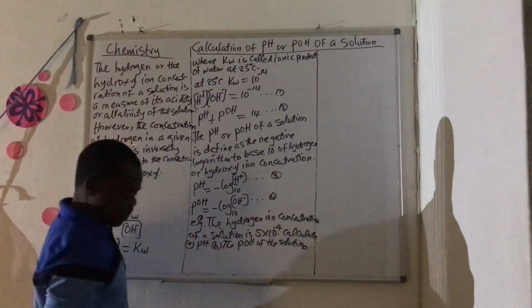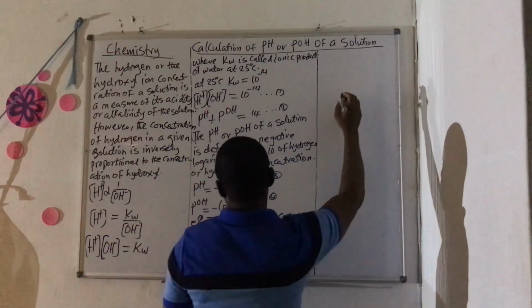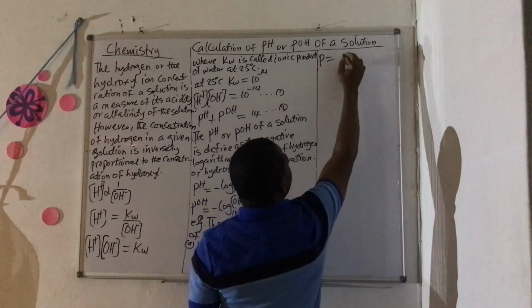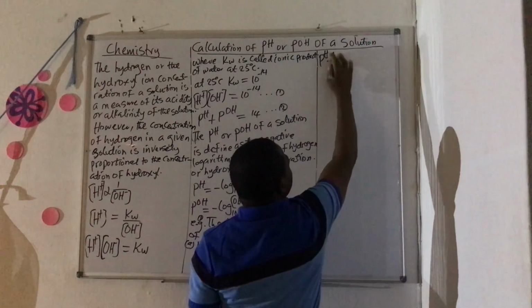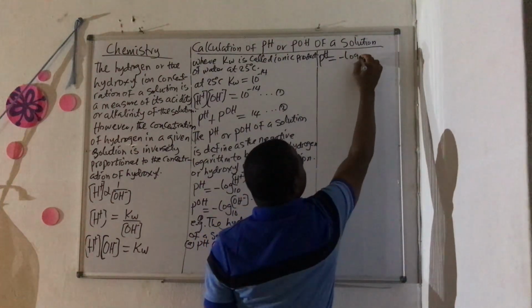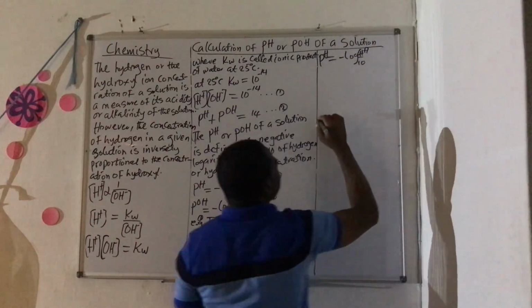It's very easy. Apply the formula. pH is equal to minus log hydrogen ion concentration to base 10.